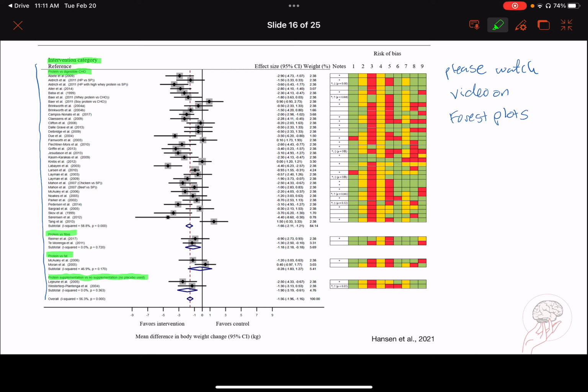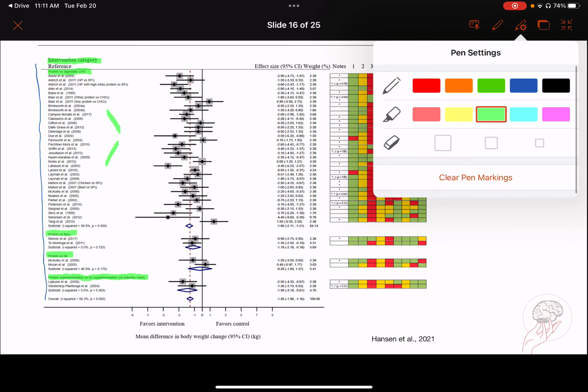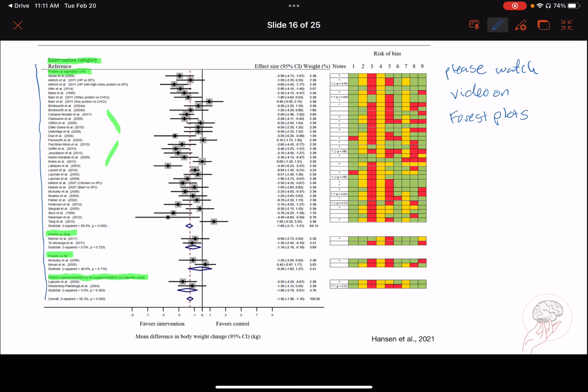So we see here that we have a lot of studies looking at protein versus carbohydrates. But we have very few studies, just two, looking at protein versus fiber, and only two looking at protein versus fat.